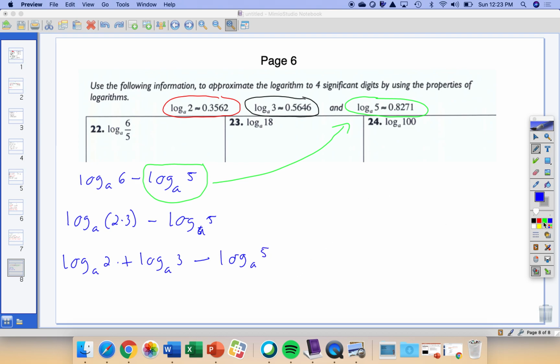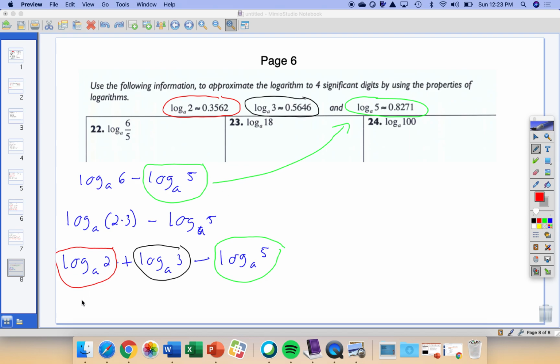And now what you'll notice is I have all of the logs that I have up top. I have my red log, I have my black log, and I have my green log. Now, even though we don't know what A is, we know what these values are, right?